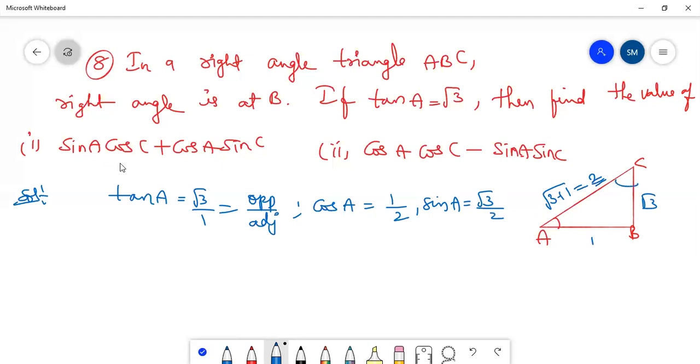And again we can take C. They are asking for only A and C. Sin C is equal to, for C it is the opposite, 1 by 2. Cos C is, for C it is the adjacent, root 3 by 2.